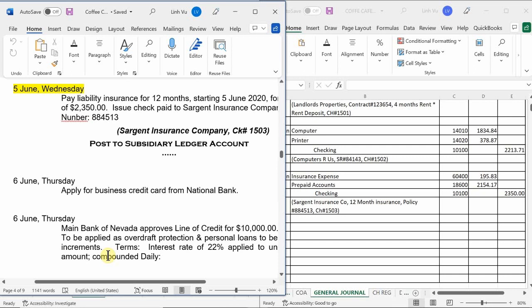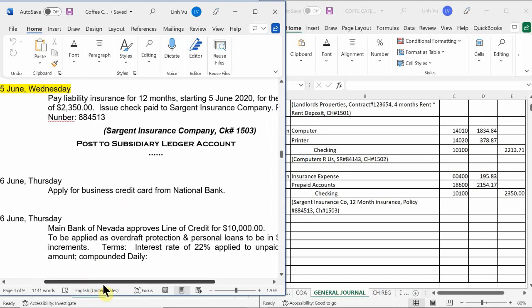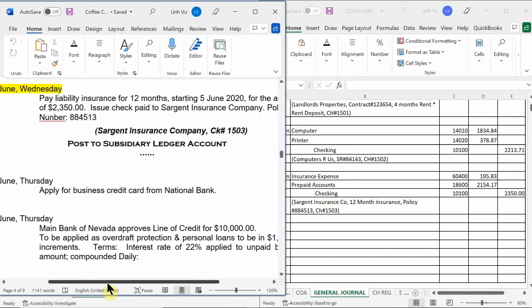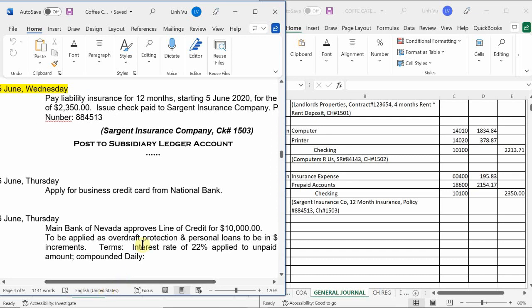Okay, let's go ahead and see what happened next on the next day, which is June 6th. June 6th, Thursday, right? We end up applying for a business credit card from National Bank. Anything there? Do we need to record this transaction?